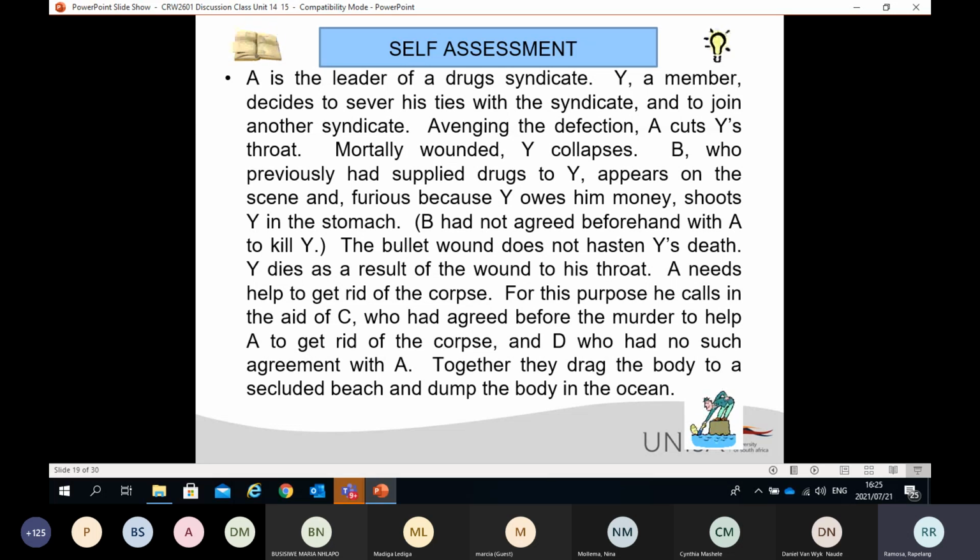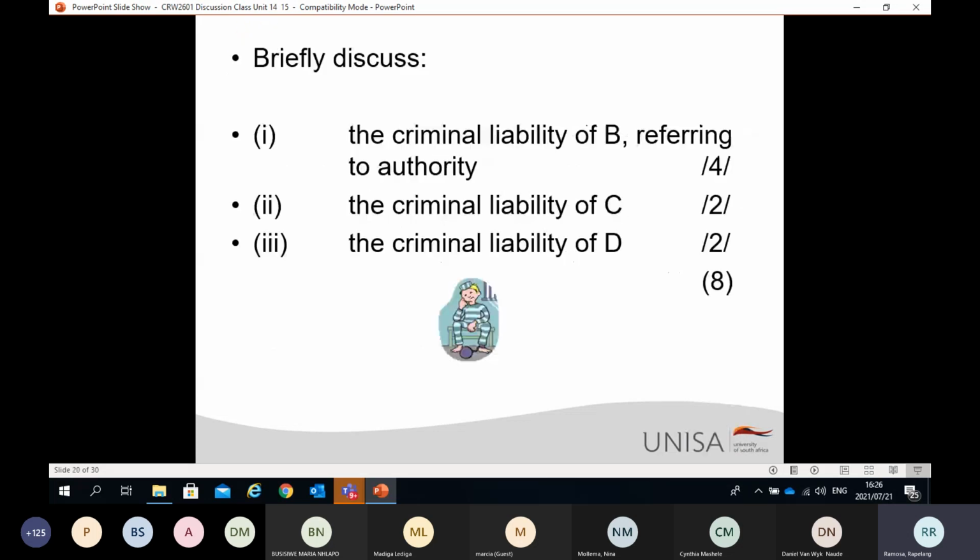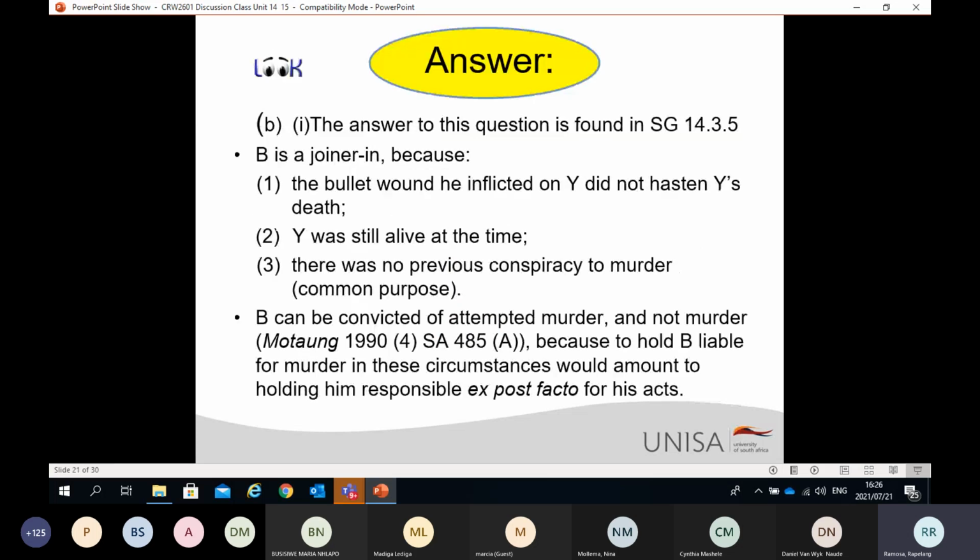So the question is, when you have a situation where somebody's conduct did not hasten or contribute to the death of the victim, that person did not have common purpose with the initial perpetrators who inflicted the mortal wound. And furthermore, when that person acted, the victim was still alive. Who is that person? That person is a joiner-in.